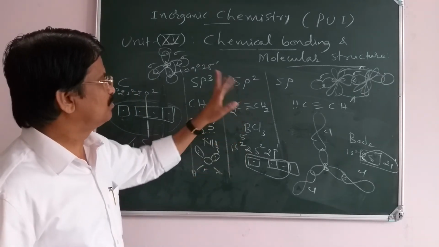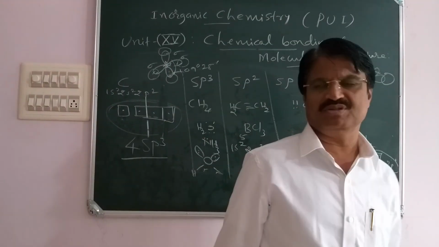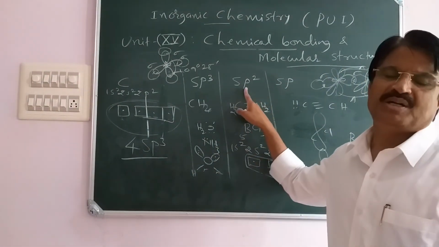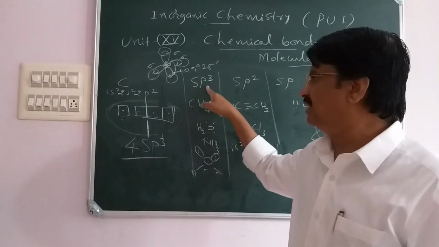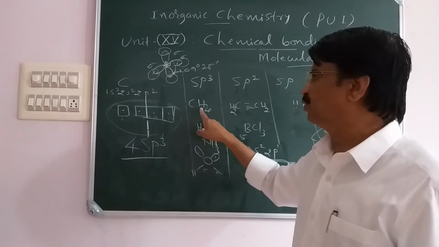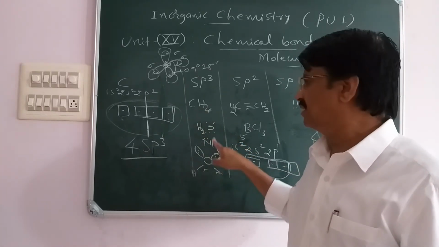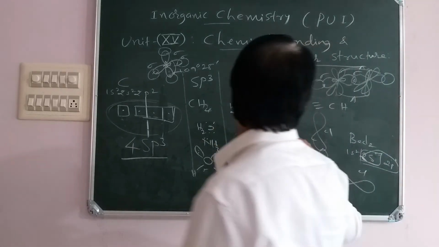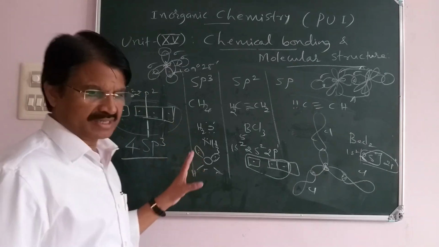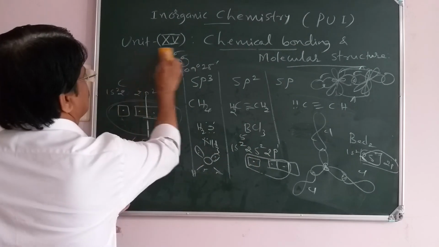Their geometries depend upon the type of hybridization. Yes, sp2 trigonal planar, sp3 tetrahedral, but depending upon lone pairs. No lone pair, tetrahedral. One lone pair, trigonal pyramidal or pyramidal structure, and two lone pairs, bent structure. Like this, you can study about types of hybridization and different molecular structures.